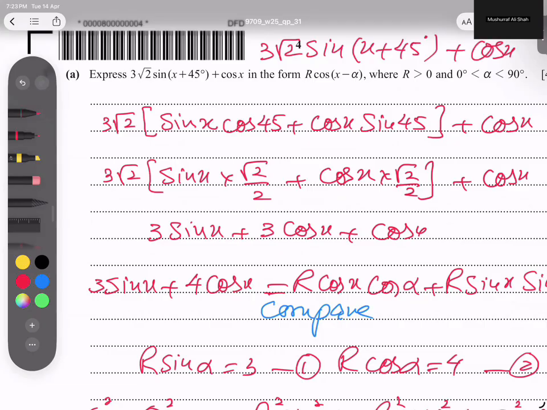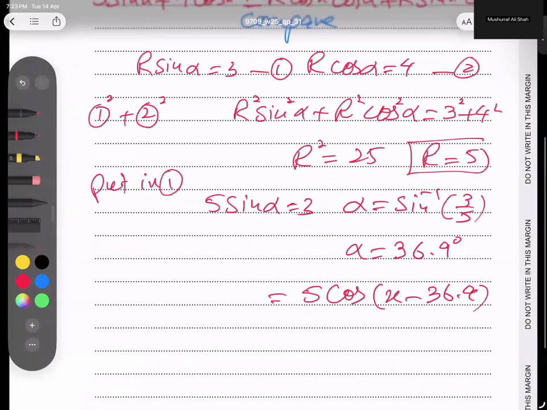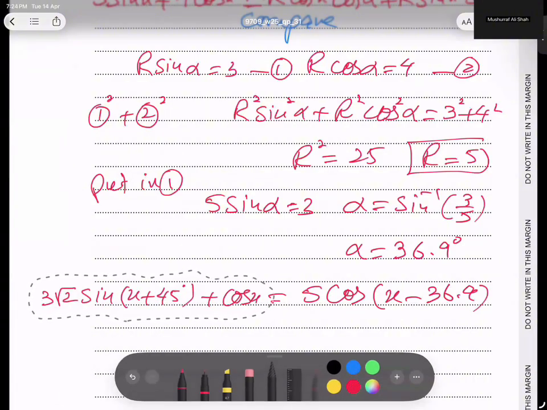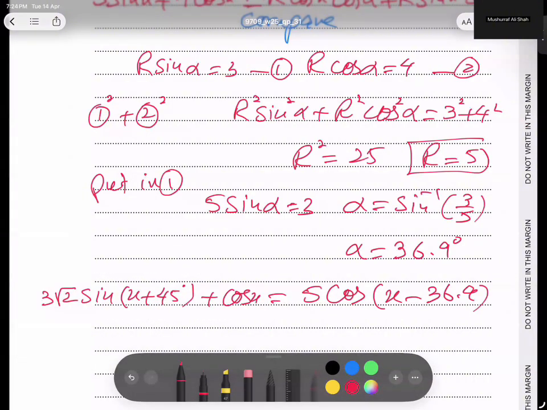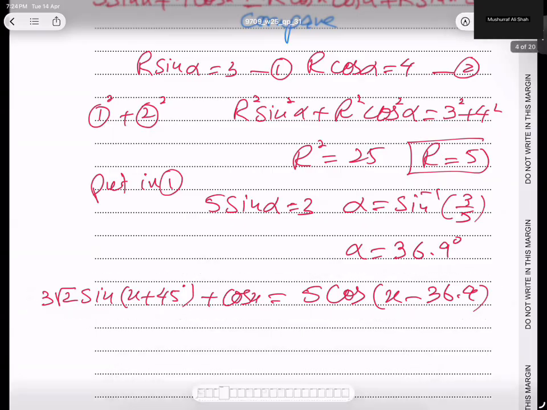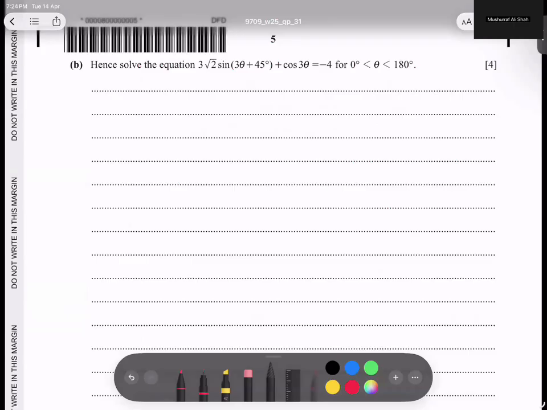If I take this one and cut from here and paste here, and if you look carefully, students, we have done it. And this equation, we have done it. So this whole expression I'm going to copy and paste on the next page. And I hope, inshallah, you will now understand why I'm using this.